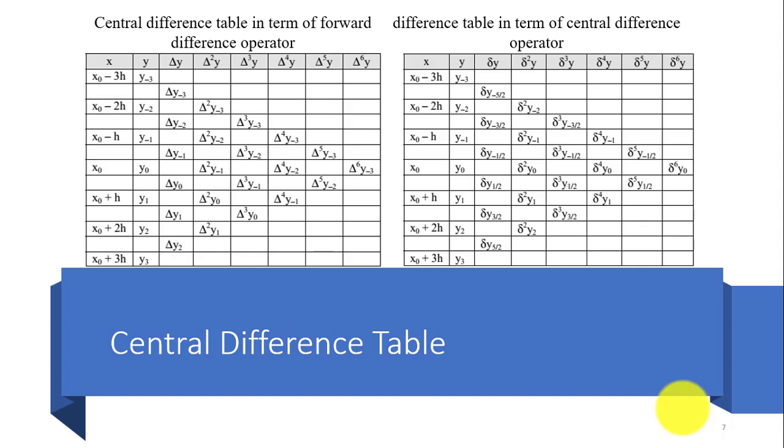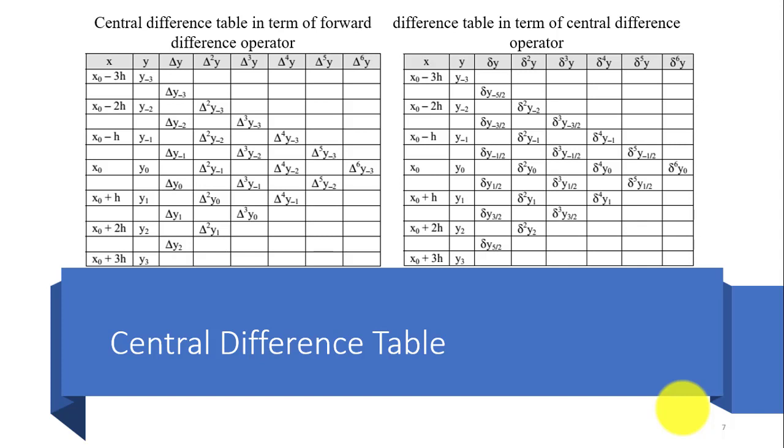So this is the difference table. In the first table you can see that we have constructed a difference table with the help of the forward difference operator, and in the second table you can see that the entries in the same difference table have been replaced with the central difference.